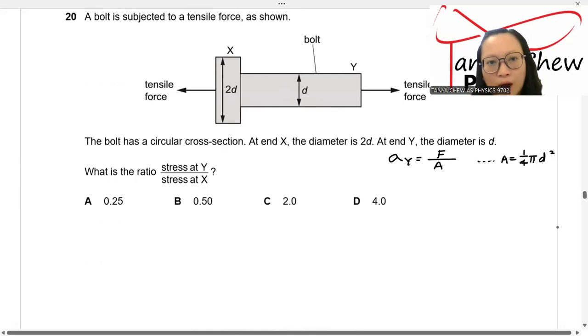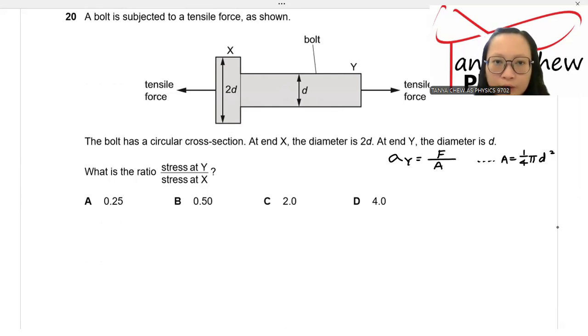So I substitute F over 1 over 4 pi d squared. This is the stress at Y.